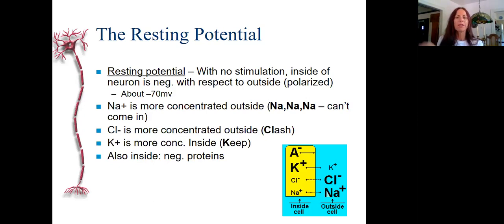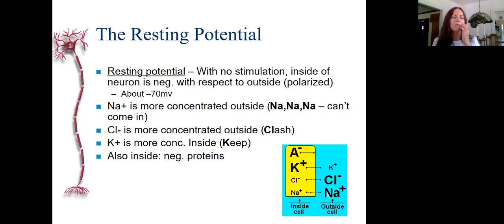You can think of that as, nah, you can't come in, because it's outside and it's not allowed to come in. Chloride is the same way. Chloride is Cl-, and you can see it has a negative charge. It is also more concentrated on the outside of the neuron than on the inside. I can remember that because chloride clashes, so the neuron doesn't really like it.